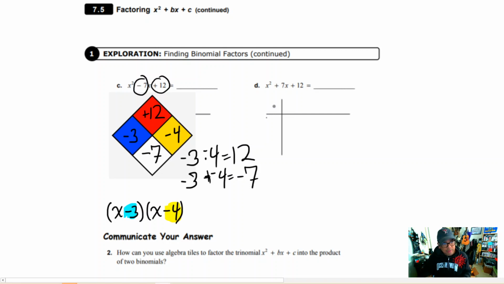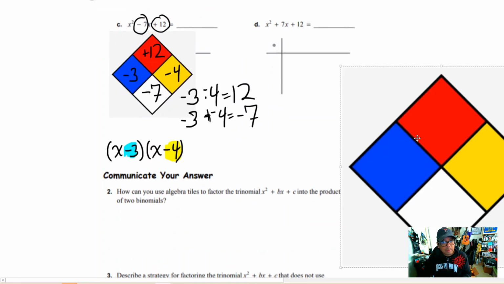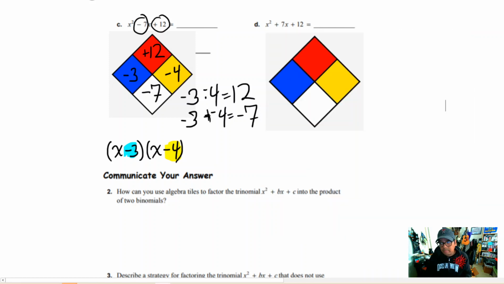So let's try another diamond problem, letter D. This time I've got the 7, so that goes at the bottom, it's positive, and then the 12, it's positive, it goes on top. Oh, and you know what? I just realized these are going to be the same numbers, aren't they?